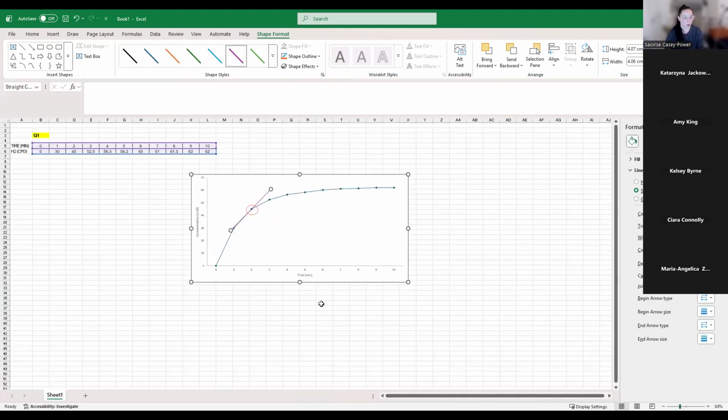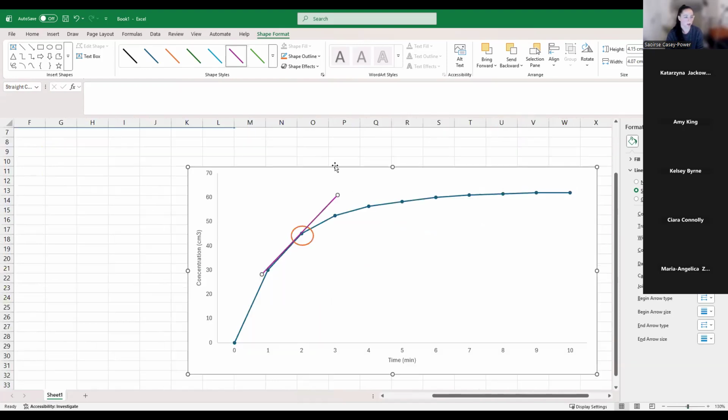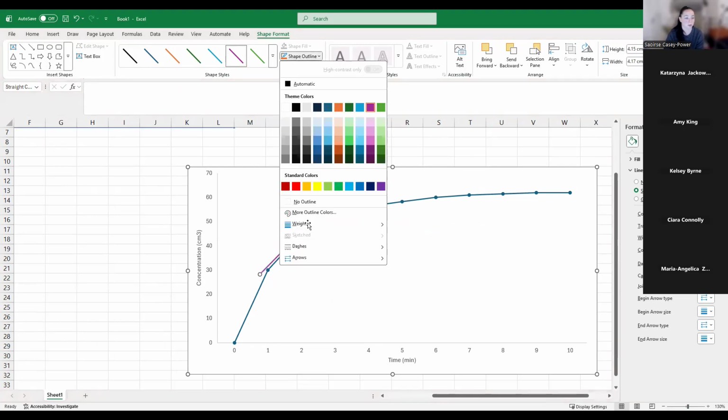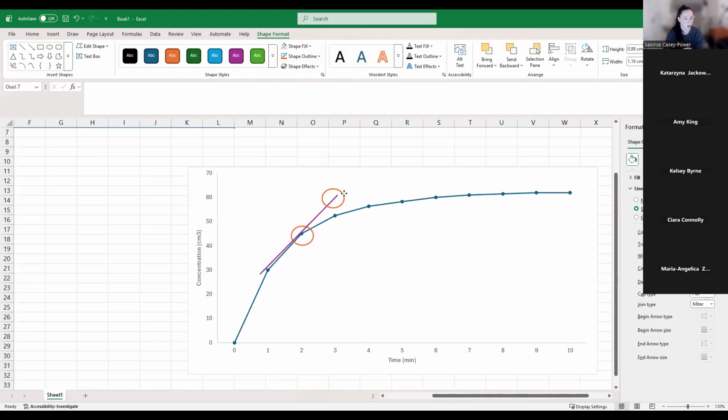Oh, sorry, my mistake. Okay, so say we have our tangent line drawn in, and I'm going to extend it just a little bit. In this case, because you have to pick 2 points along that tangent line to calculate your instantaneous rate, what I would do is highlight the start and the end of that line, like that.